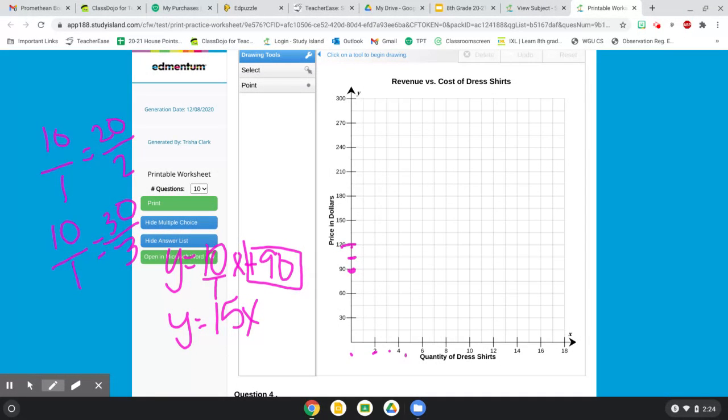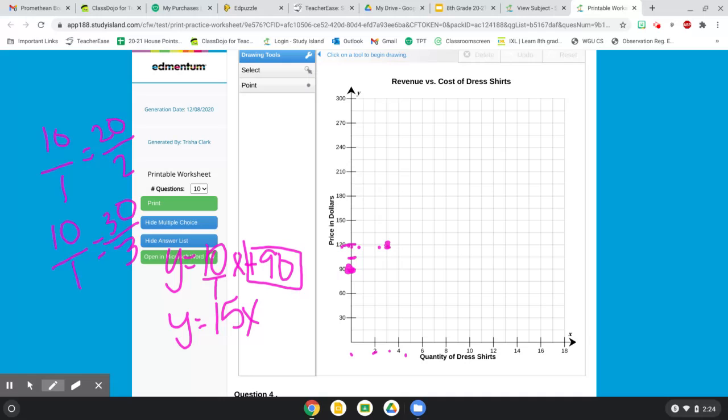So from that starting point of 90, I'm going to go up 30 and to the right 1, 2, 3. I'm going to keep doing that across the whole thing so I have as many points as possible. Remember, that's your best bet.